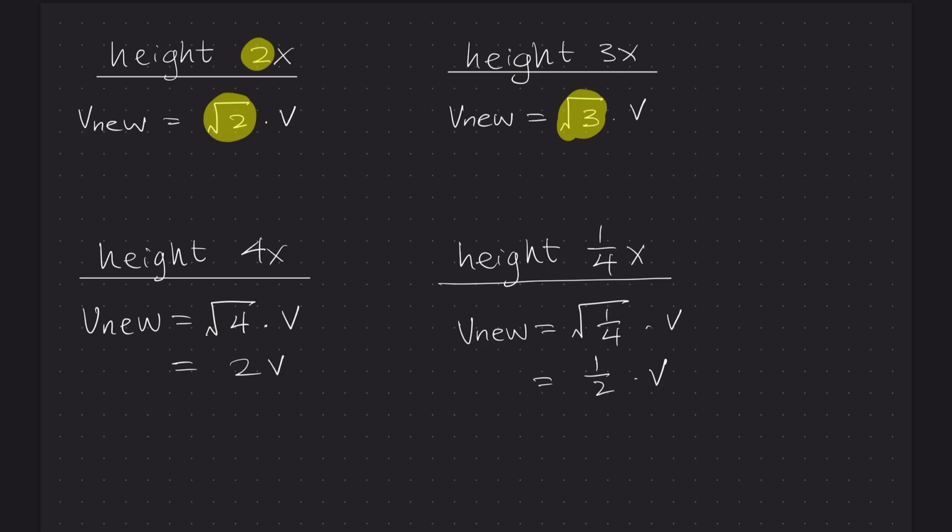If the height was multiplied by a factor of 4, then the new velocity will be the square root of 4 times the initial velocity. The square root of 4 is 2, so 2v. This also works if it's reduced. If the height was reduced by a factor of 4, so a quarter x, then the new velocity will be the square root of a quarter times the initial velocity, and that's half. And remember, this works for any object that is released from rest and you are changing the height.